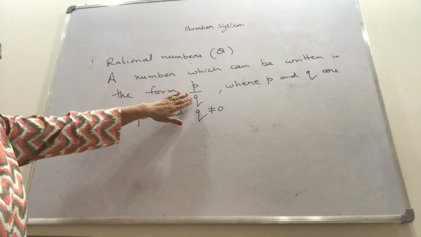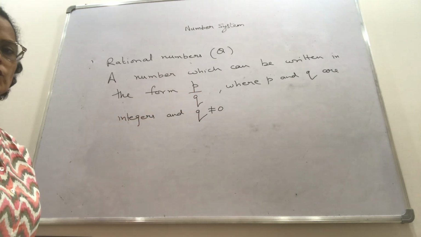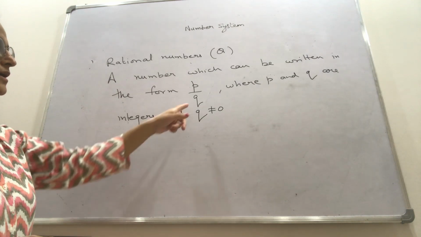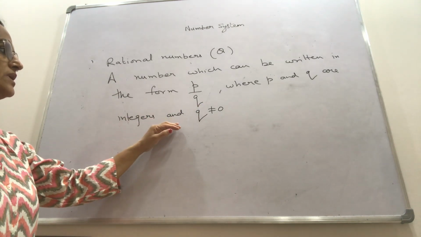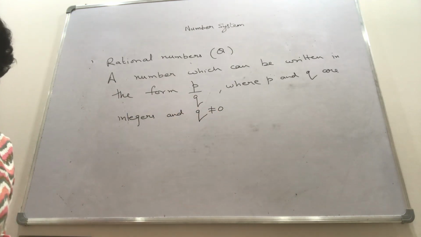Why do we write Q not equal to 0? Because you know division by 0 is not defined, so that number will be not defined if my denominator is 0. So we write P and Q are integers and Q is not equal to 0.